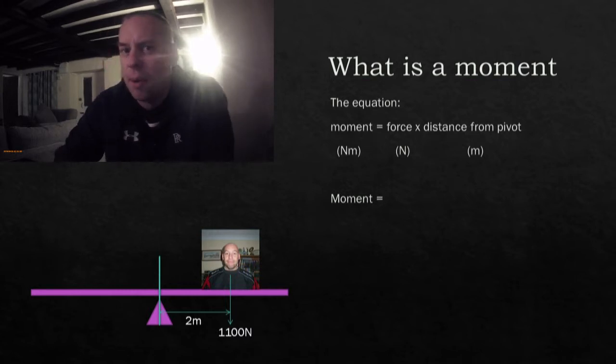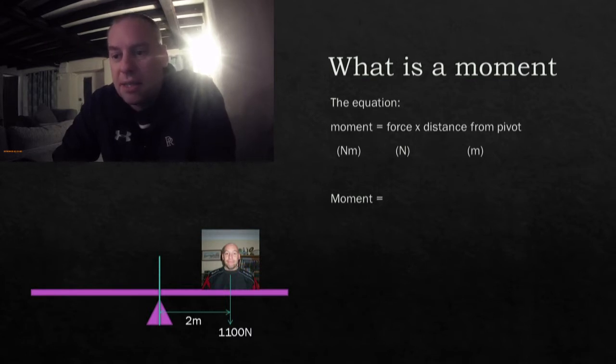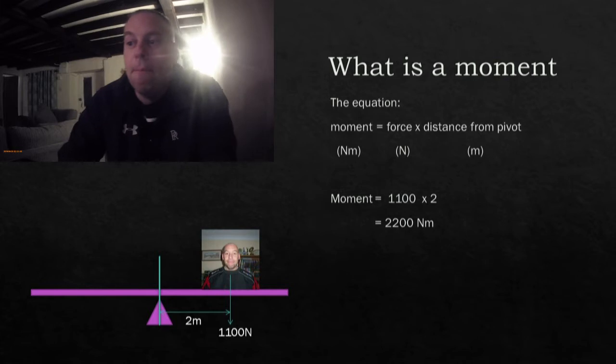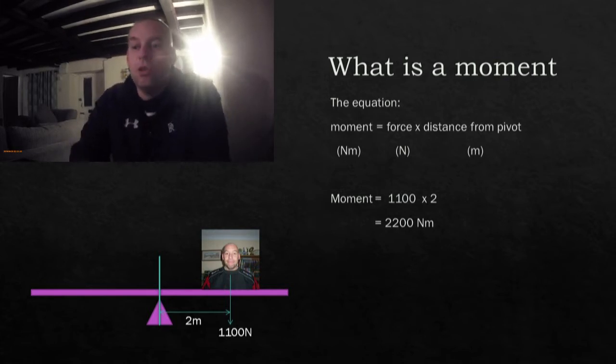It's 110 kilograms in mass, 1,100 newtons in weight. I've put myself sat on the seesaw at a distance of 2 meters. So the moment for me on the seesaw is 1,100 times 2. So I've therefore got a moment of 2,200 Newton meters.